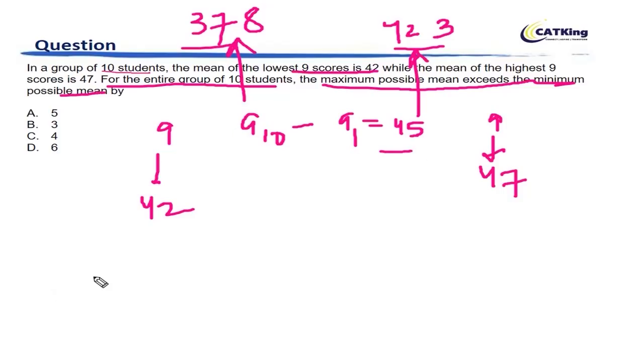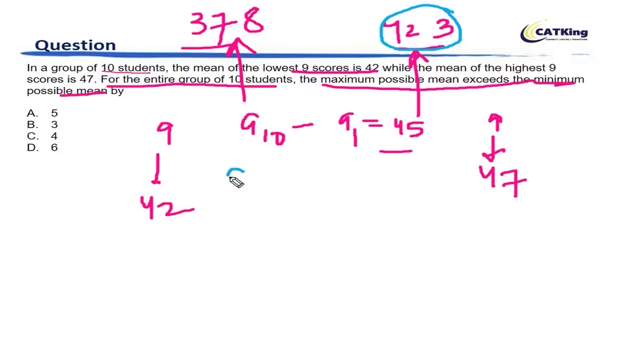Now if I have to minimize the mean, I should take the first number as small as possible and add it to 423 and divide by 10, right? So what is the smallest number that I can take?